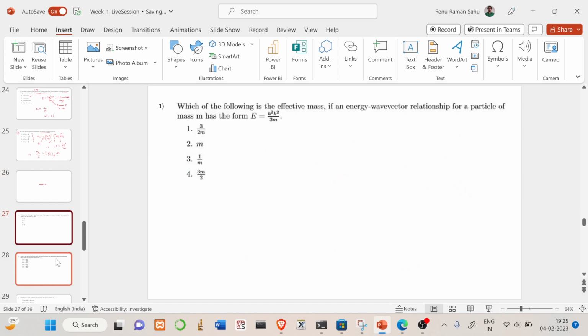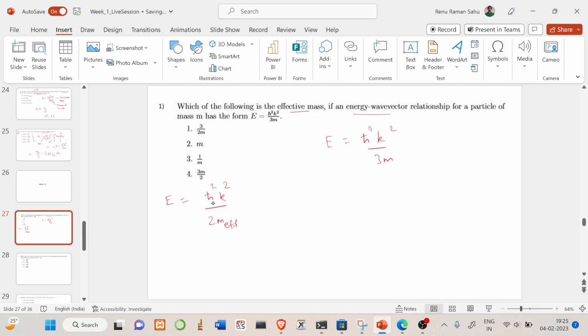Here the question is asking which of the following is the effective mass if the energy wave vector relation is given, E equal to ħ²k² over 3m. The way we calculate the effective mass is defined as E equal to ħ²k² over 2m effective.